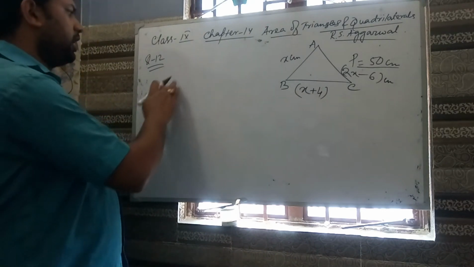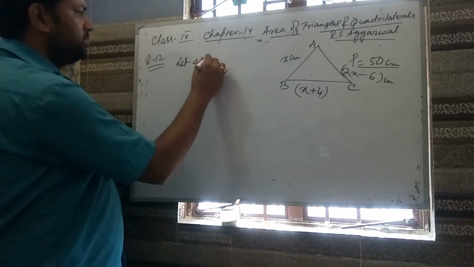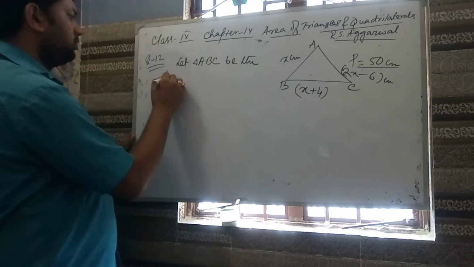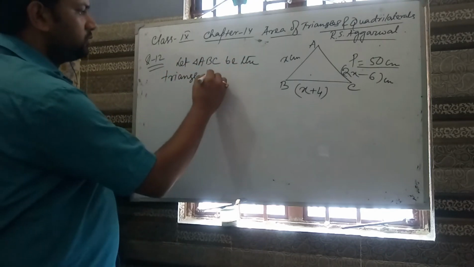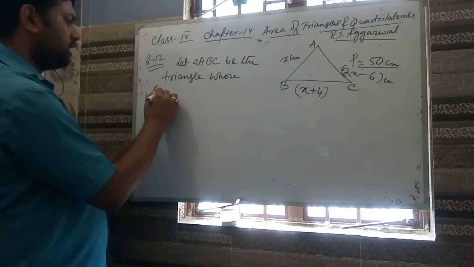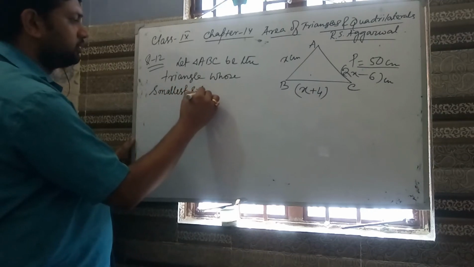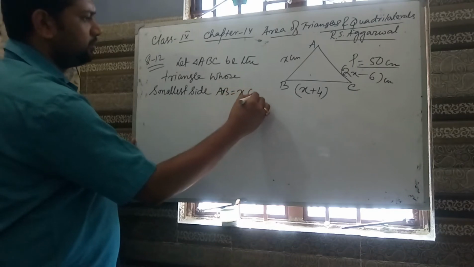Okay. So write down, let triangle ABC be the triangle whose smallest side AB equal to x centimeter.